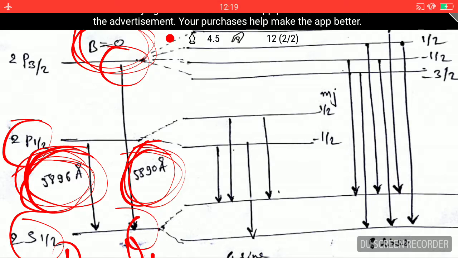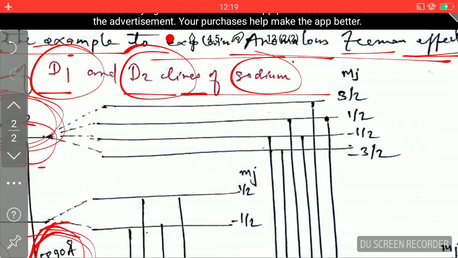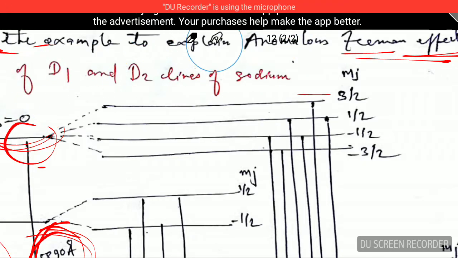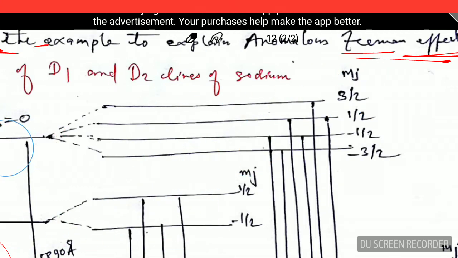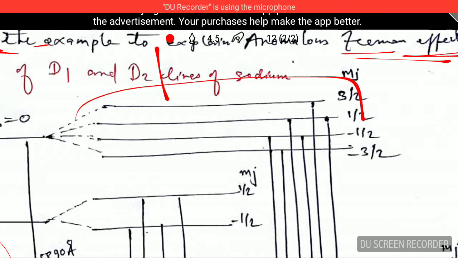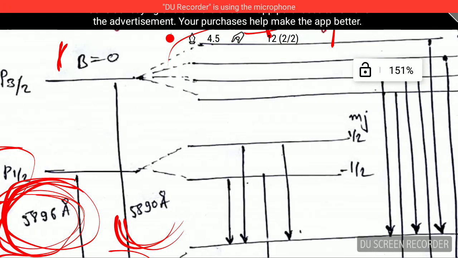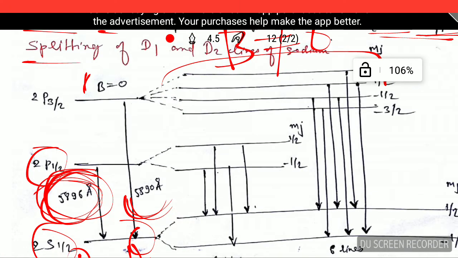But when we apply a weak magnetic field in this region, B is not equal to 0, that means the magnetic field exists in this region. Let's see what actually happens.